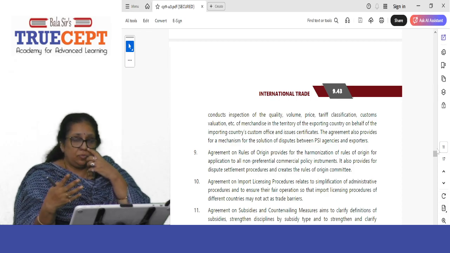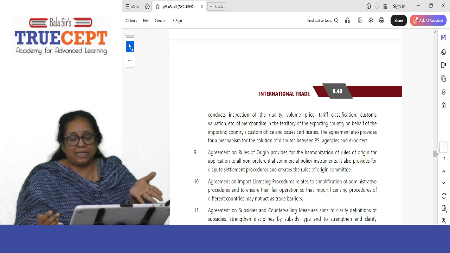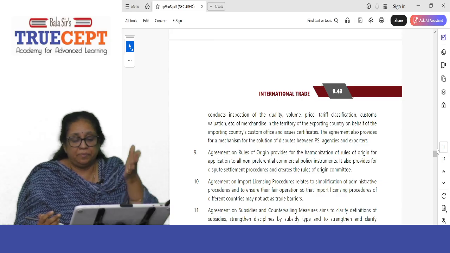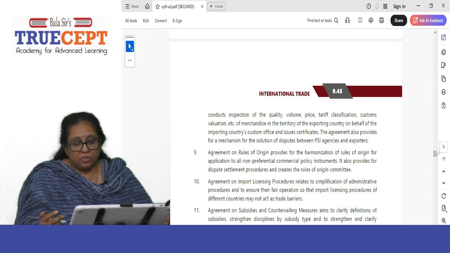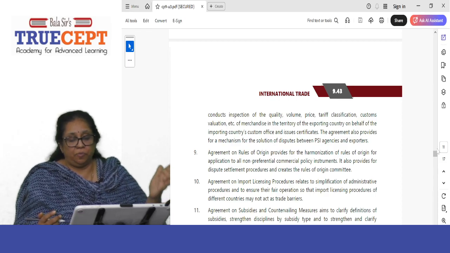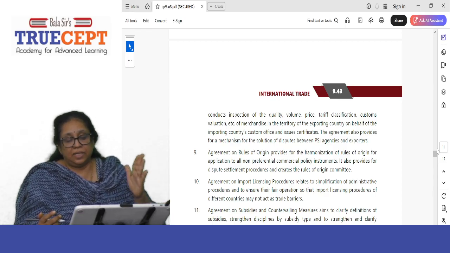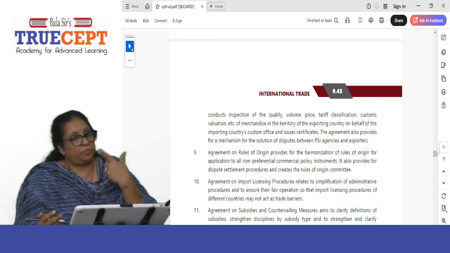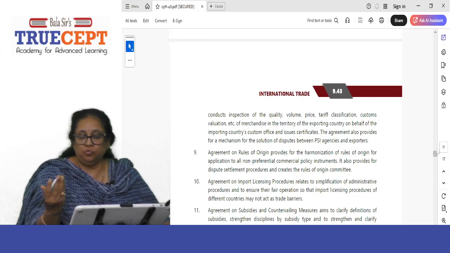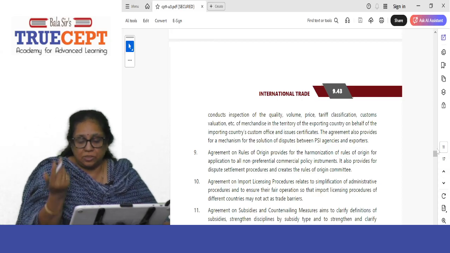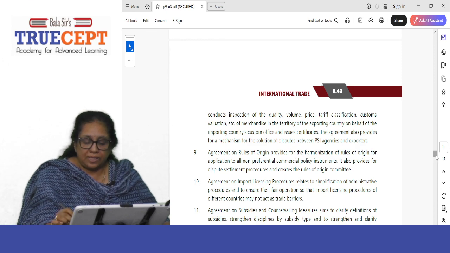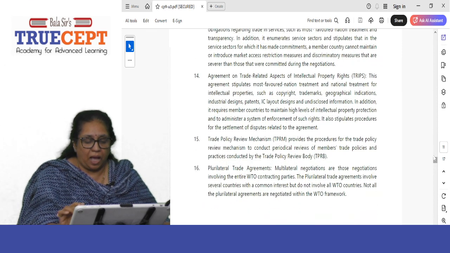Like that, I'll give you 2 or 3 wrong options, but the right option here happens to be simplification of administrative procedures. You should be able to choose the right option here. So like that, these types of questions might be asked.